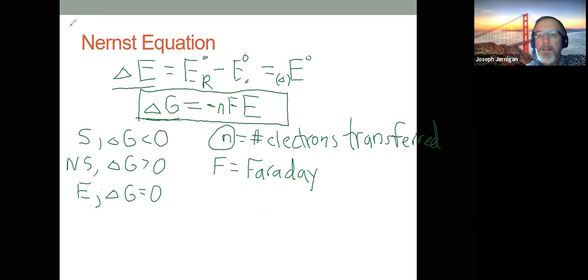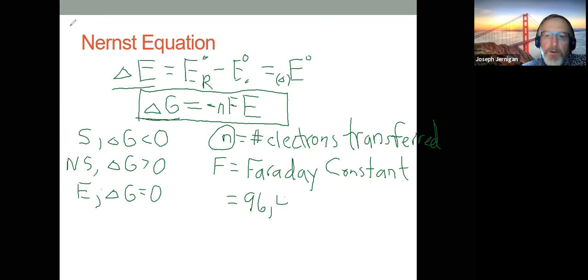And that Faraday constant, of course, in any sort of test you would be given for reference, but I will just let you know now. I don't have it written in front of me, but it's roughly 96,485. Sometimes you see 90, sometimes 87, and it's coulombs per mole. Okay, all right.